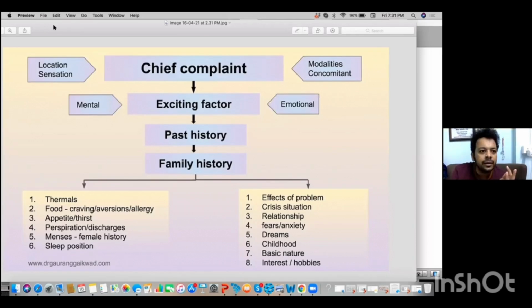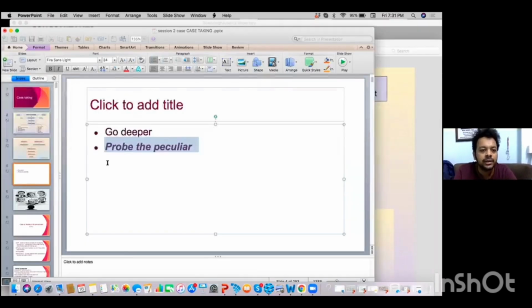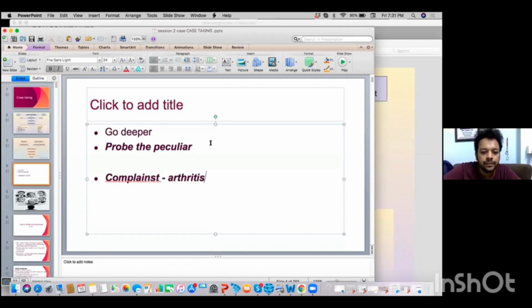The way I, in my mind, sometimes I don't write it. Previously, I used to write it. So I would write it down that, okay, the complaints of arthritis started in, let's say, 2020. And there was a lot of grief in 2018. Okay.